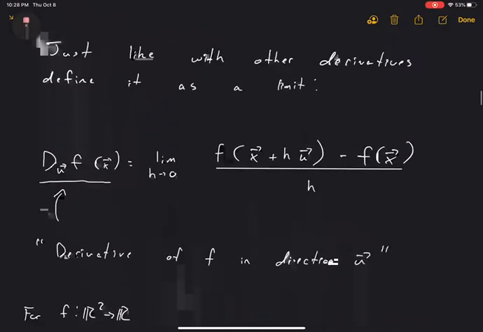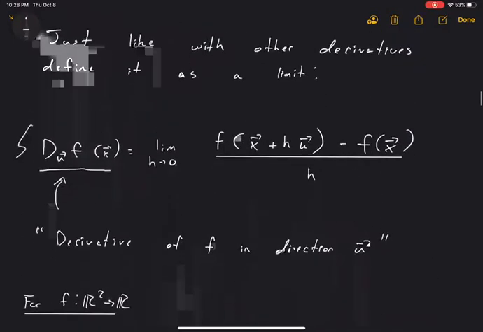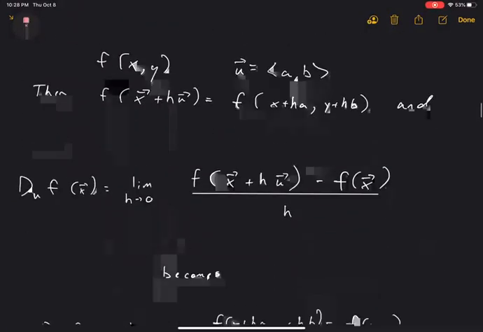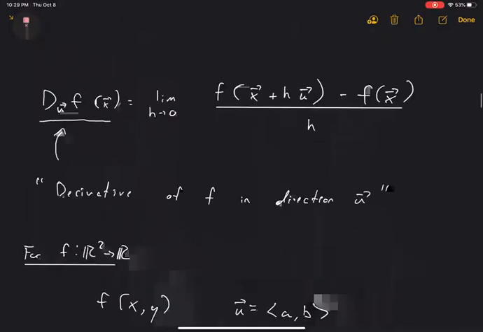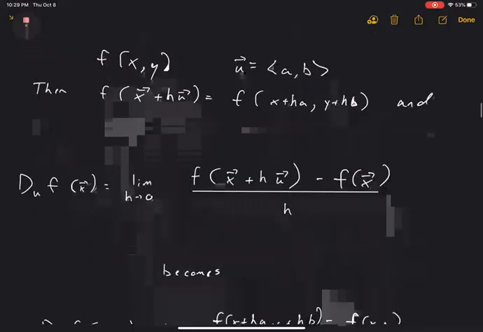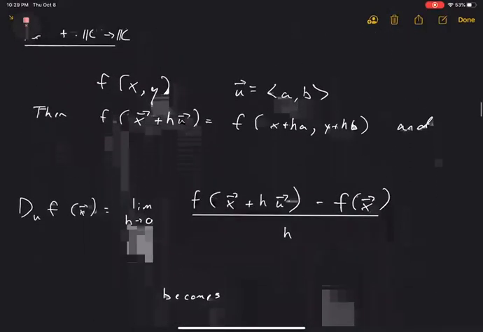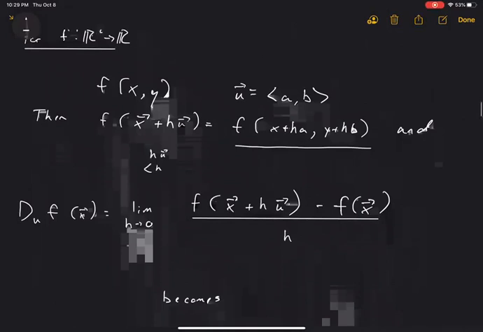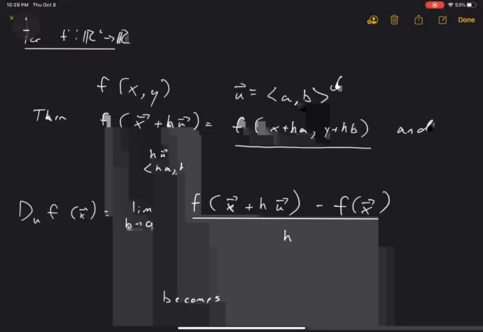Then let's rewrite this for R2. I'm just going to rewrite my limit in the special case of R2. So this f of our vector x plus h times our vector u, I could write like this. Since my vector u is equal to this, h times u is just h times a, comma, h times b.